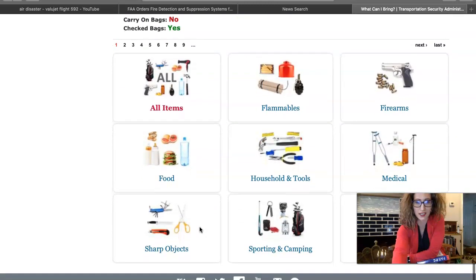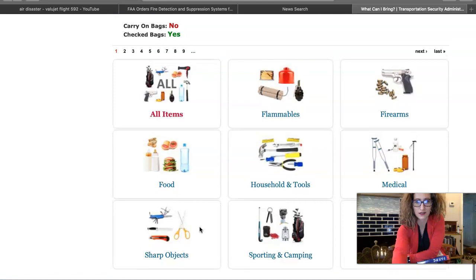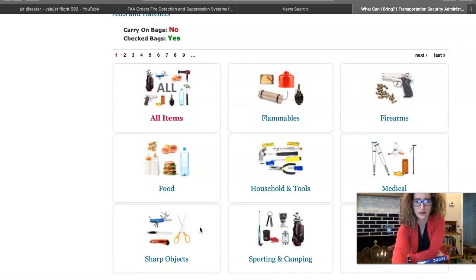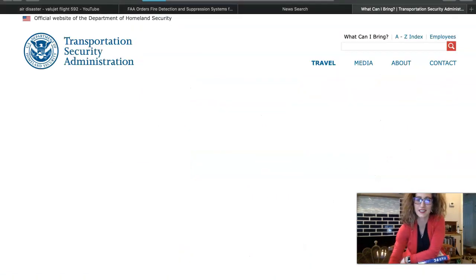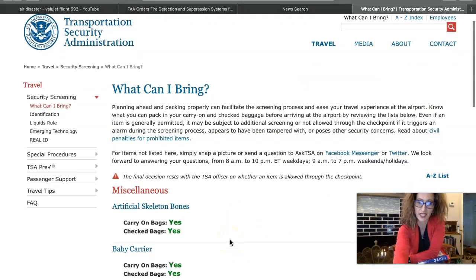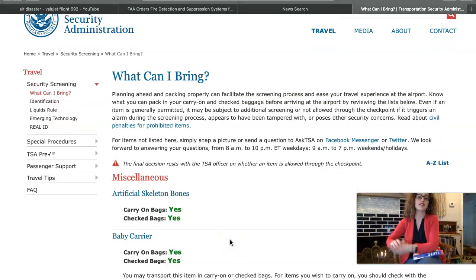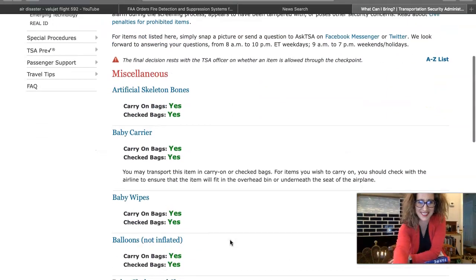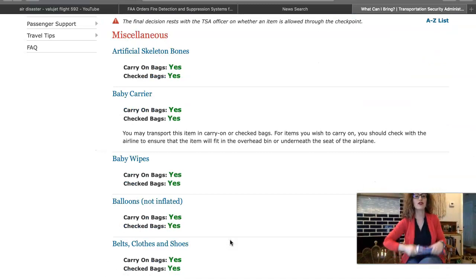Let's go to miscellaneous. Artificial skeleton bones. Okay, so guys, I know a lot of us have those. We can carry them on board the aircraft. Balloons. Oh, they can't be inflated. That's sad. No birthday balloons.